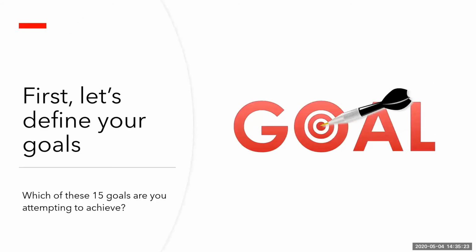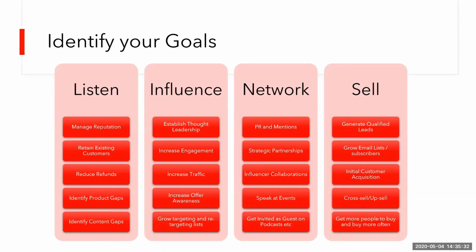So first, before we get into this, let's define what our goals are. So I'm going to put that slide of those 20 goals again in front of you so that you can think back and identify what your goals are. At what stage are you in your business, and what is your current priority? At this point in time, what is more important for you? Based on that, we will do an audit of what your social media activity is like.